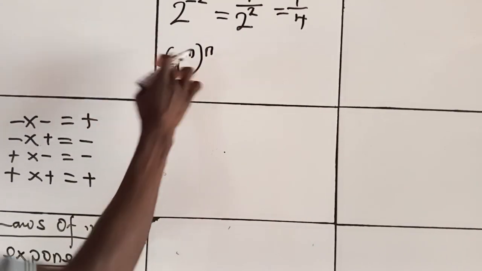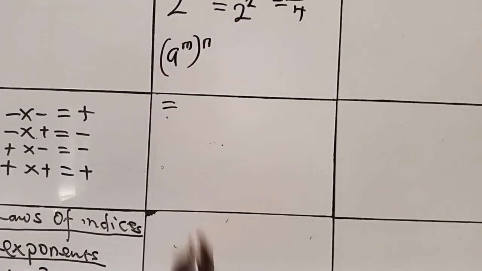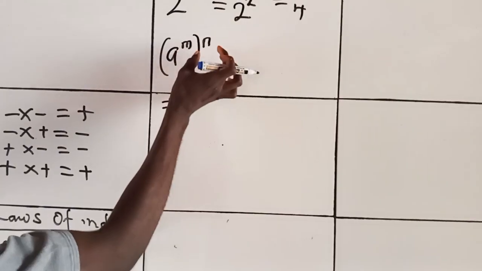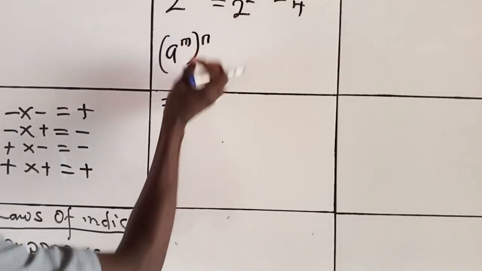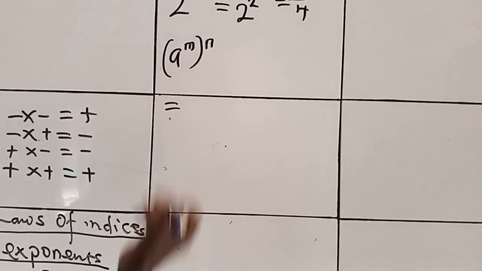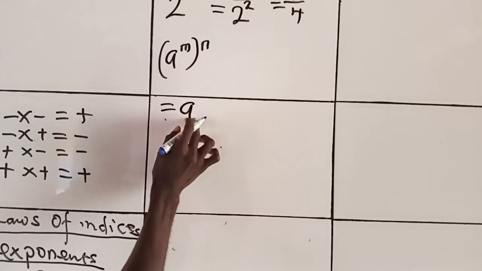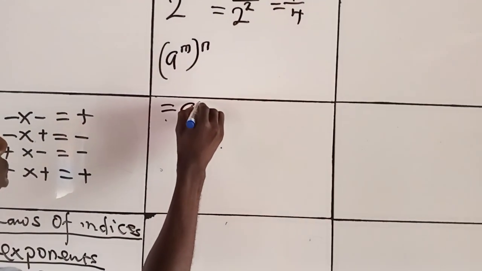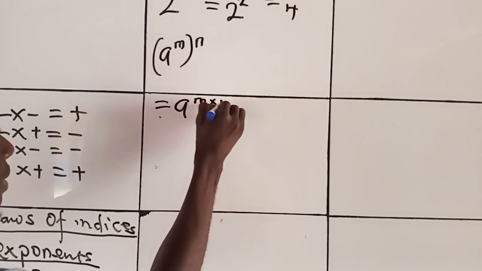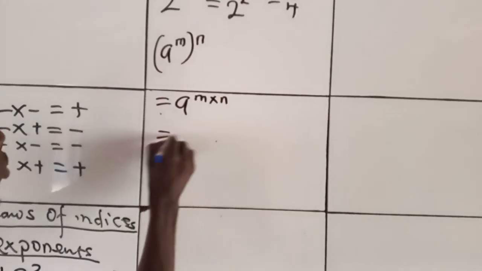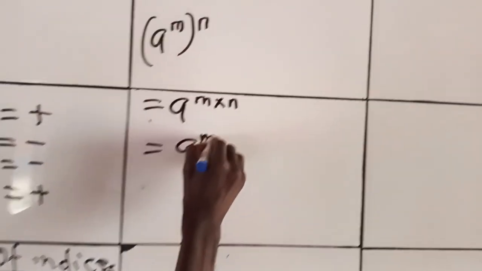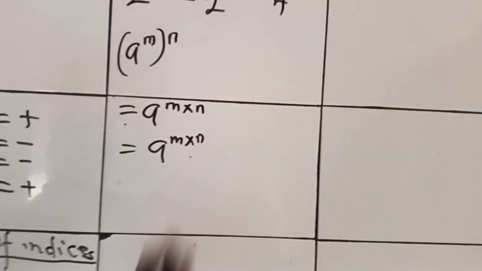We always multiply what is inside the bracket, and we have m as an exponent, and n is also an exponent, that is, they are raised to the power of. So a, which is the base, this is going to give us m times n. So this is going to be a raised to the power of m times n.